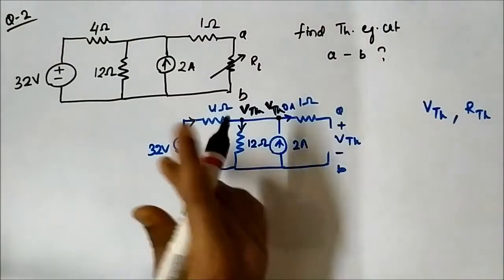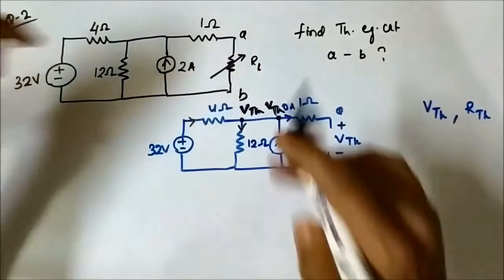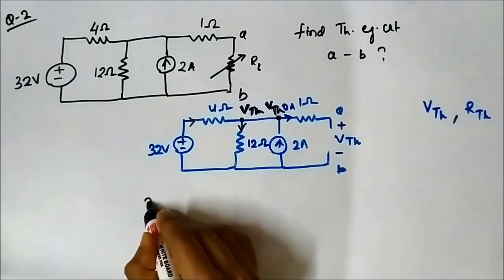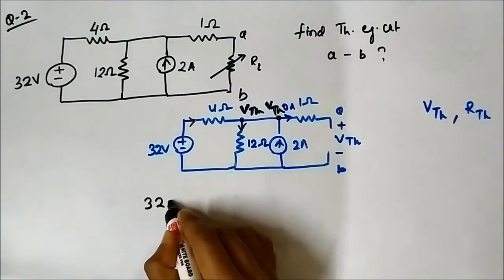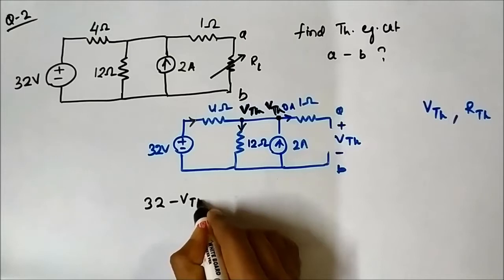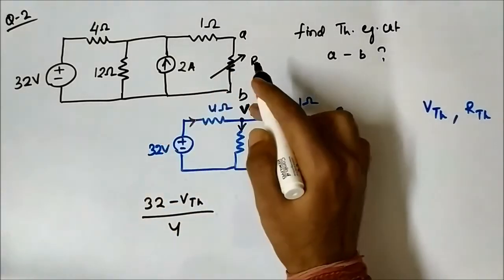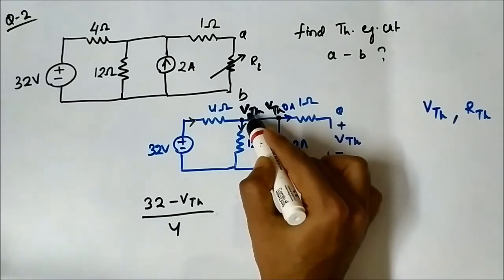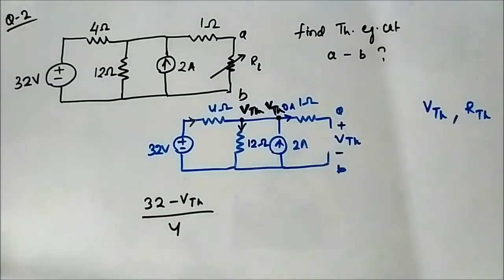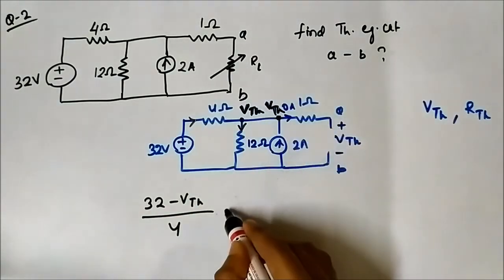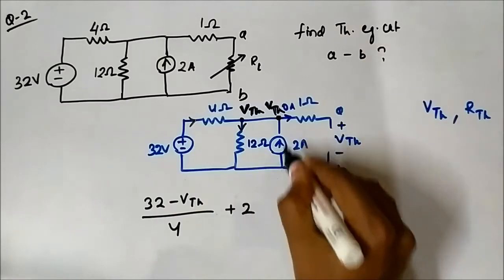All the currents that are flowing towards the node: 32 minus VTH by 4, higher node voltage minus lower node voltage divided by the resistance involved, plus 2.